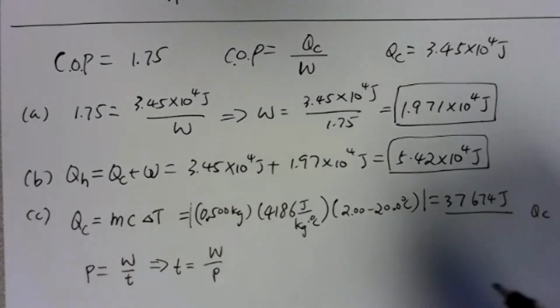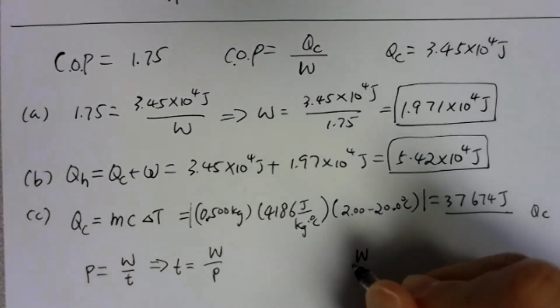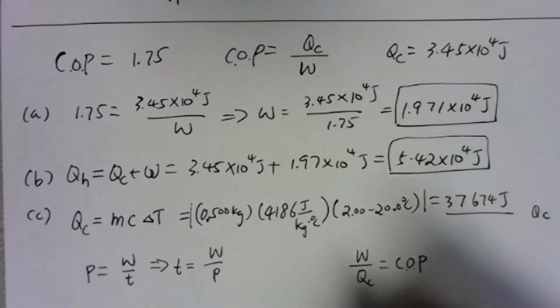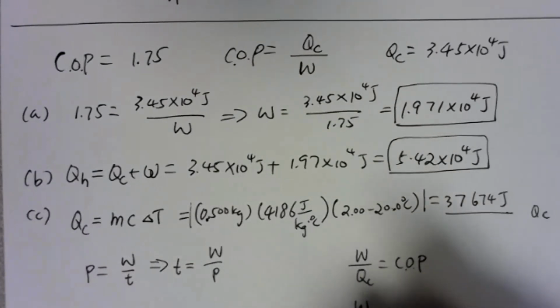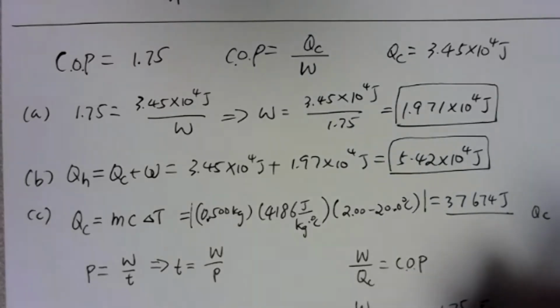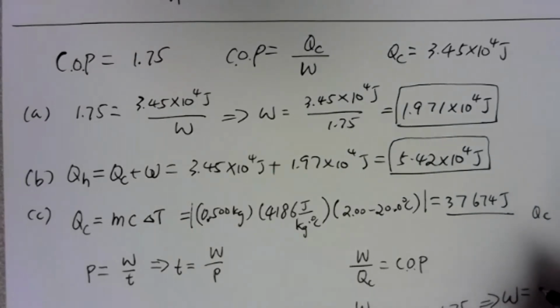Look for work first. Work divided by QC equals COP, so work over 37,674 equals COP, which is 1.75. So your work is equal to 1.75 times 37,674 joules.